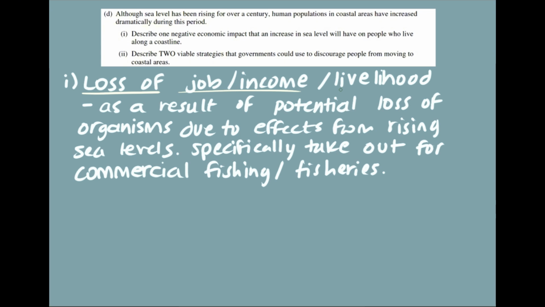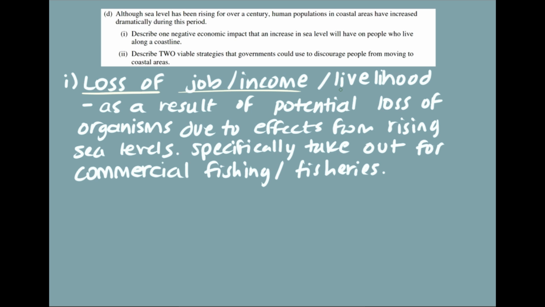People who live in coastal cities a lot of times rely on the ocean, the water system, to provide them with food. So loss of food supply, people who rely on fishing in that area to feed them, is an economic impact. They would have to now go buy other food to eat.